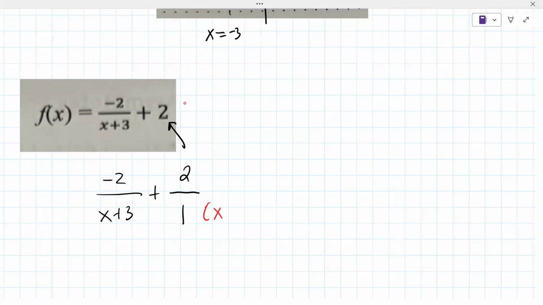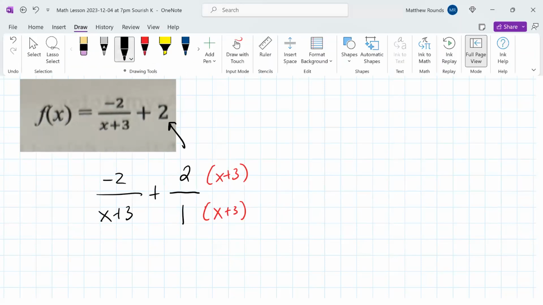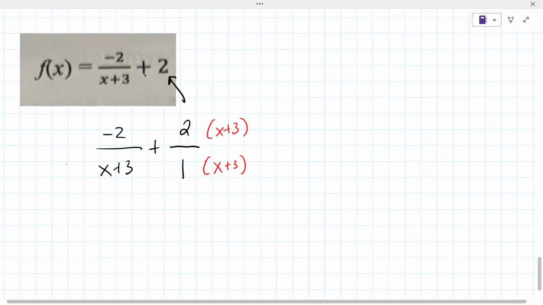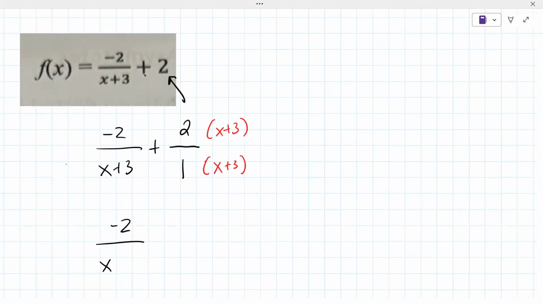Now you're going to make a common denominator by multiplying the top and bottom by x plus 3. So this becomes -2 over x plus 3 plus 2 times x plus 3 over x plus 3, like that.